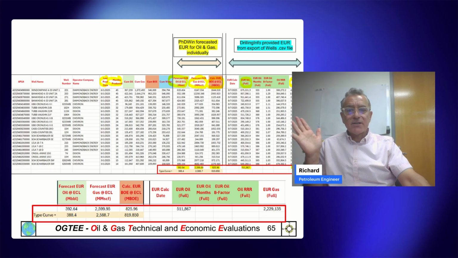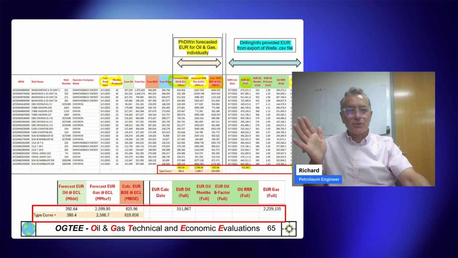In my case, I want to point out the PHDwin forecast to an EUR based on an economic truncation on the cost structures I used before. These are all done one by one. Now this is what's provided by Drilling Info, and these are the EURs that are provided. All I'm going to say is that those are basically calculated.